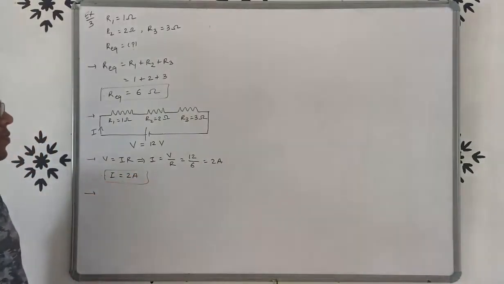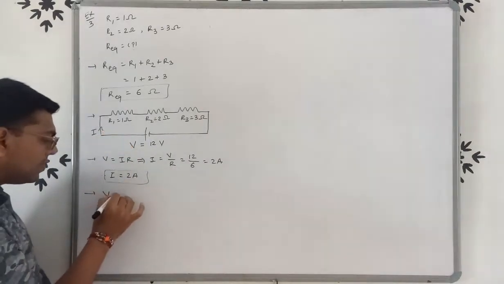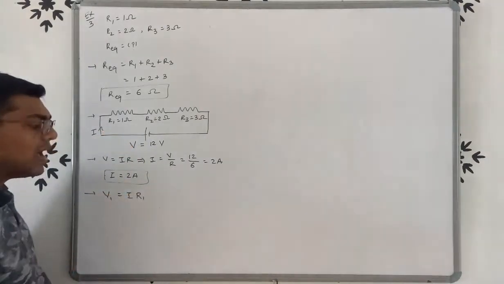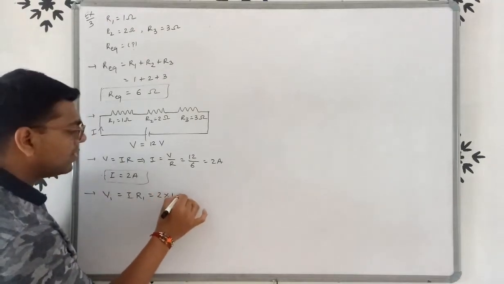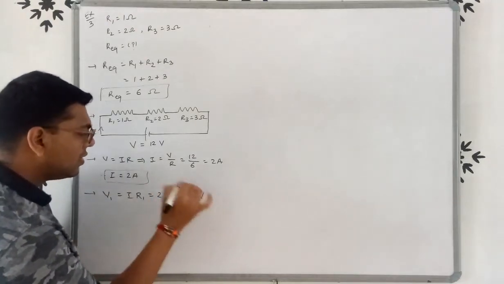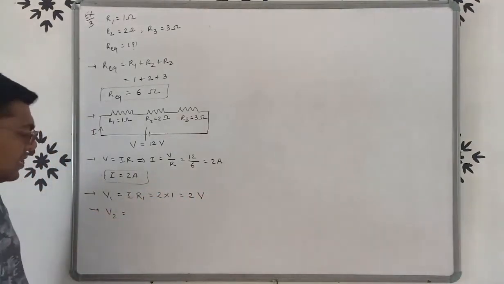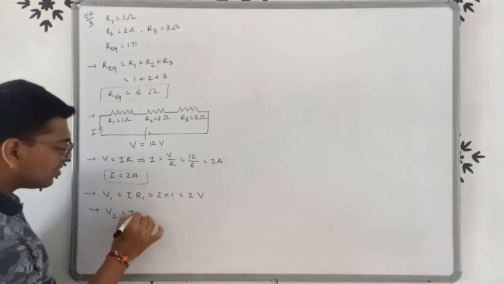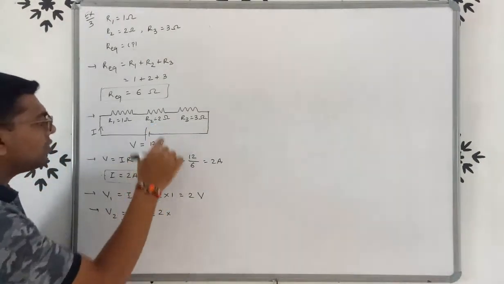Now voltage drop across the first resistor R1 is V1. So V1 is equal to I R1, value of I is 2, R1 is 1. So 2 into 1 is 2. Then potential drop across second resistor R2. So V2 is equal to I R2. Value of I is 2, R2 is 2.